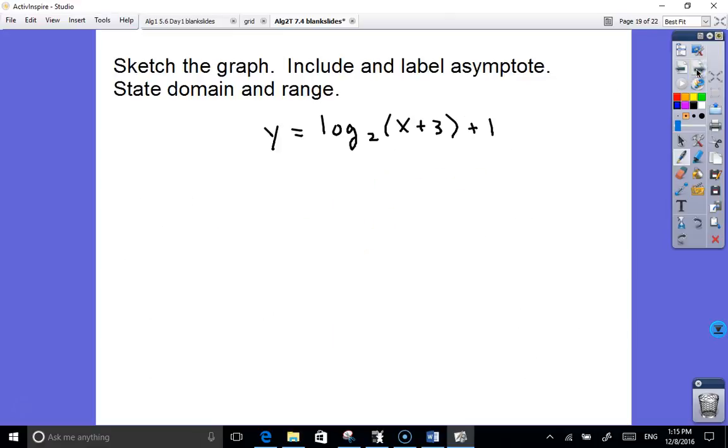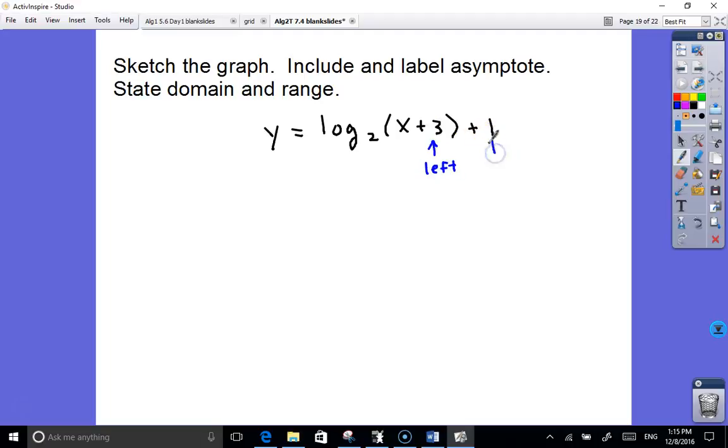Okay, now let's figure out how we graph using a transformational approach, so to speak. Sketch the graph, include and label the asymptotes, state the domain and the range. What is going to be the effect of this plus 3 inside? Left.